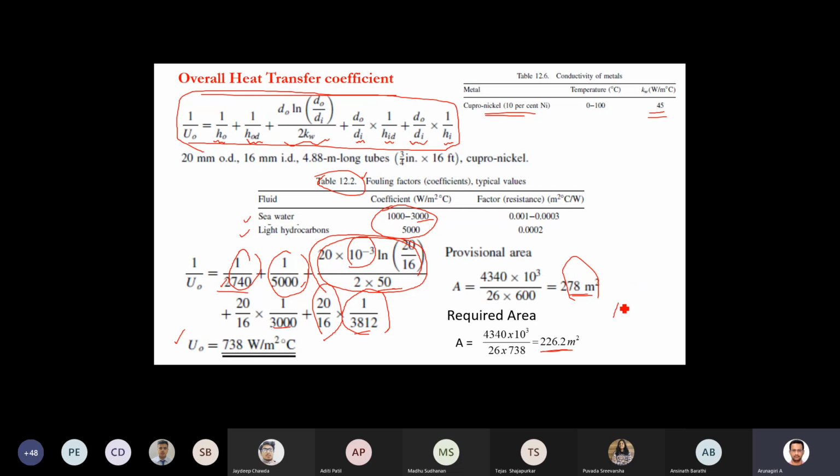So the provisional area by the required area is 278 divided by 226. So approximately it is 1.22 times. This ratio can be 1.1 to 1.2 times. Almost the same. So we are satisfied with the area.